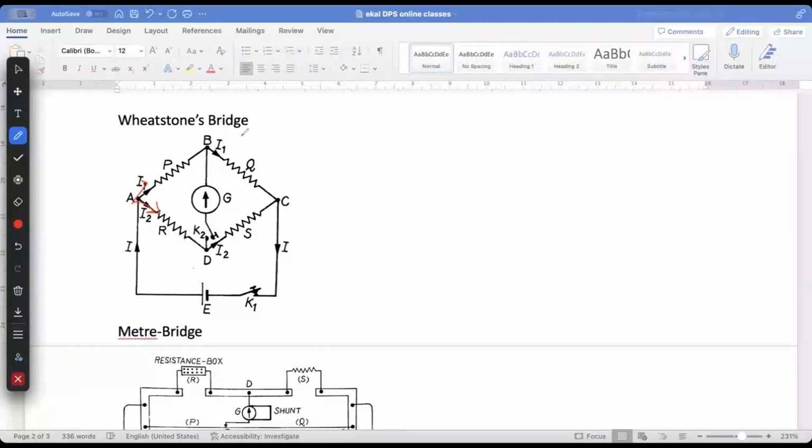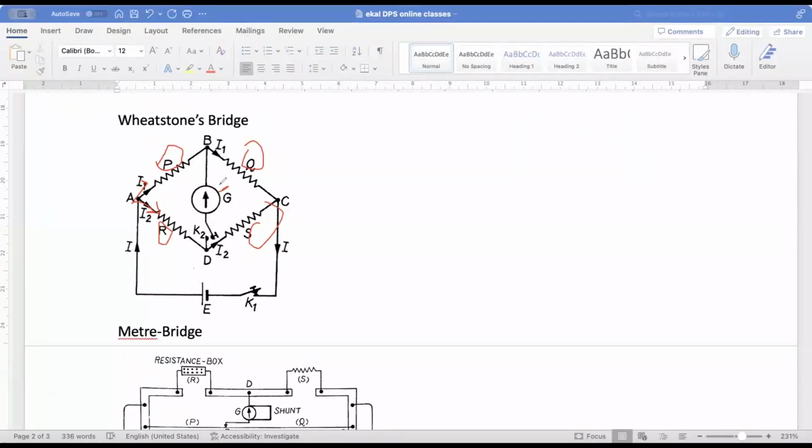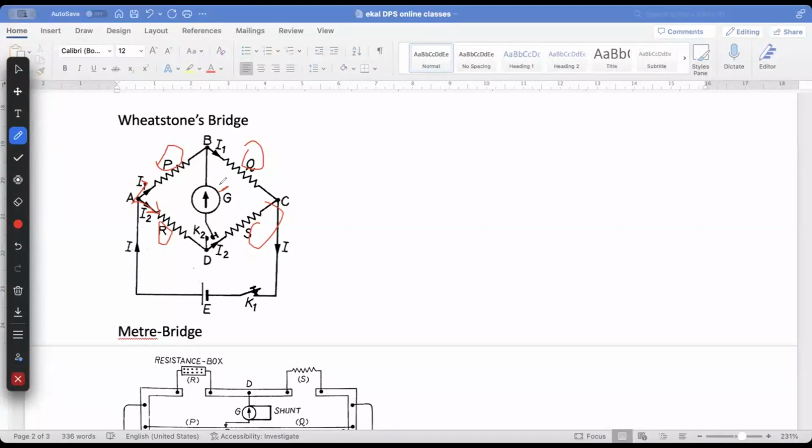Right? So these 4 resistances, P, Q, R, and S, are so adjusted that when we press K2, the deflection in this galvanometer is 0. It should not show any deflection. That means no current flows through the diagonal BD.